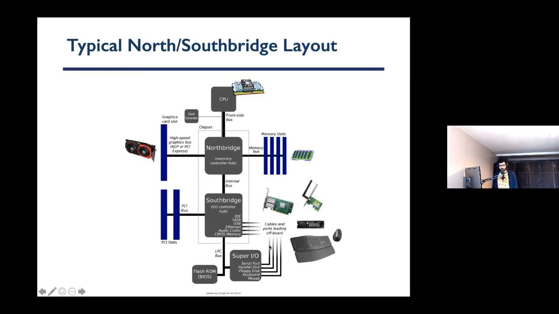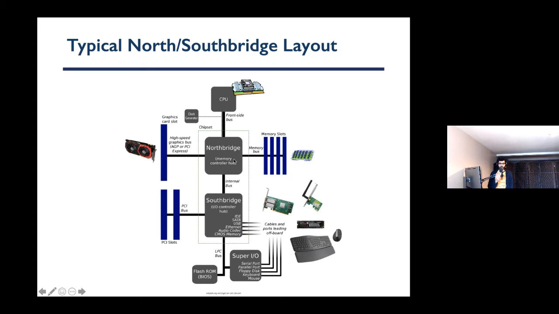But then every single I/O device would be connected to this I/O bus. Now, as you can see, the CPU still can communicate with these devices, but it has to go through two hubs to get to the devices. Usually this would be off-chip. Back in the days, this was also off-chip.